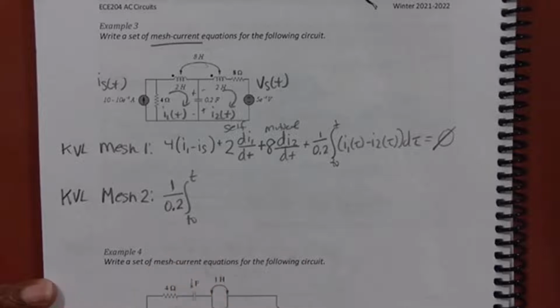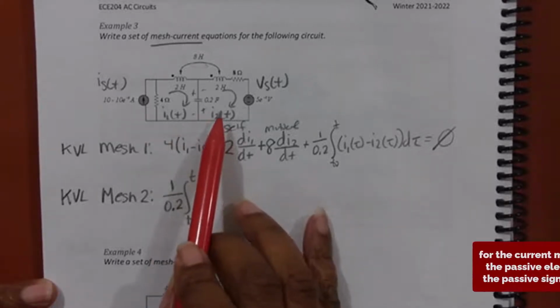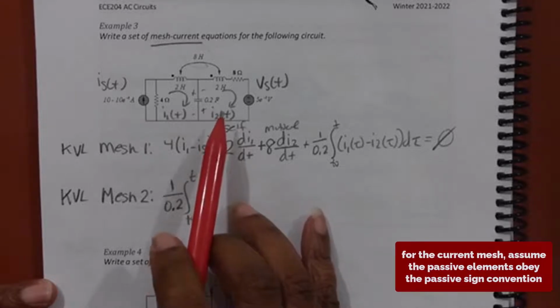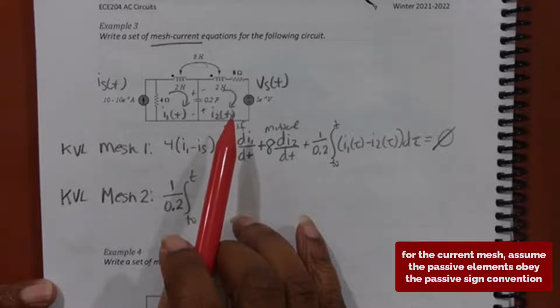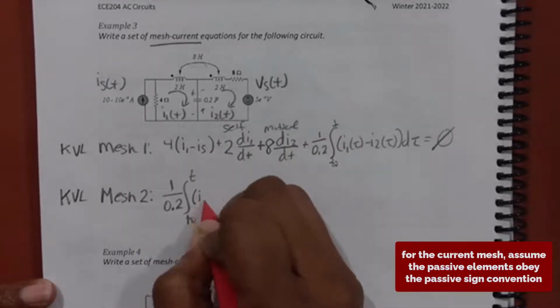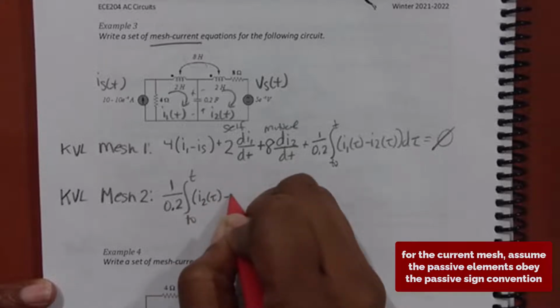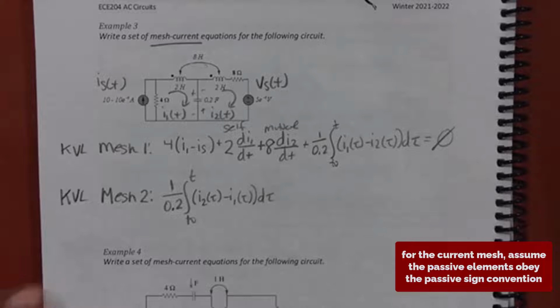When I taught this to my students in DC circuits, we always assume the mesh we're on, all the passive elements obey the passive sign convention. I know some people don't teach it like that, but I do, to be consistent. So when I'm on mesh 2, this now becomes I2 of tau minus I1 of tau d tau. You still get the right answer by doing this. It's a way to be consistent. That's the voltage across the cap.